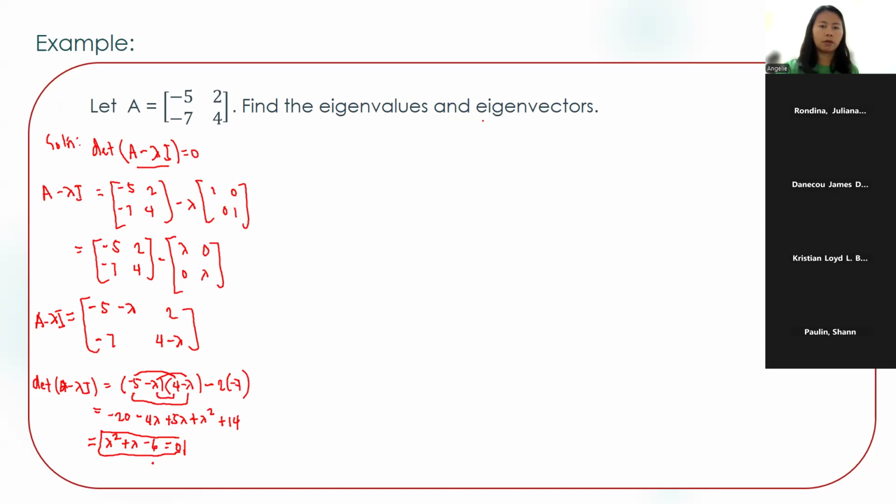So what would be the factors now? We have lambda, what? Lambda plus, times lambda minus. Pila? Factoring.